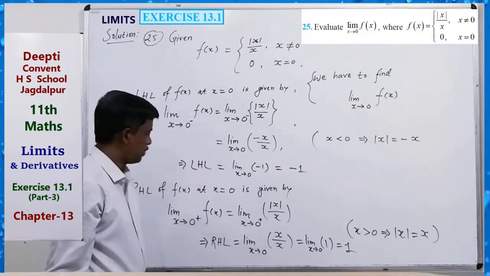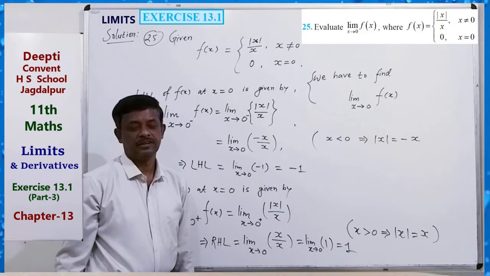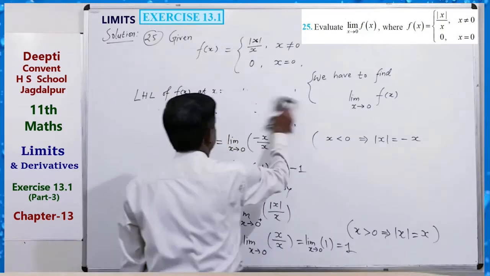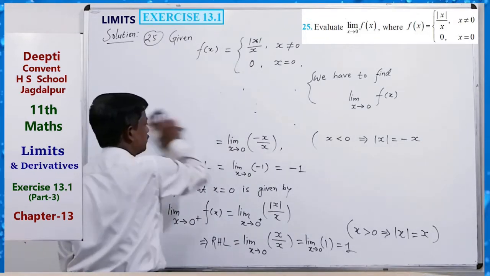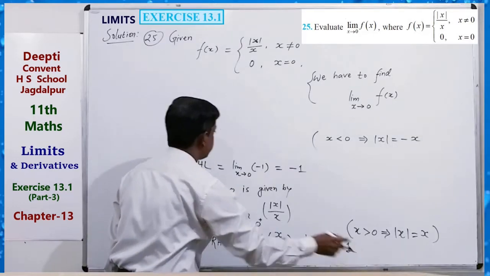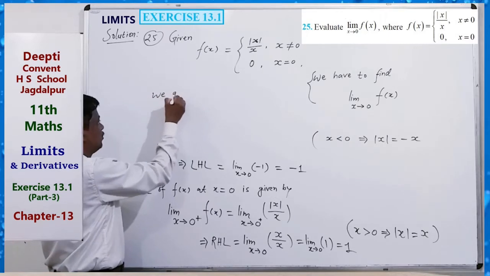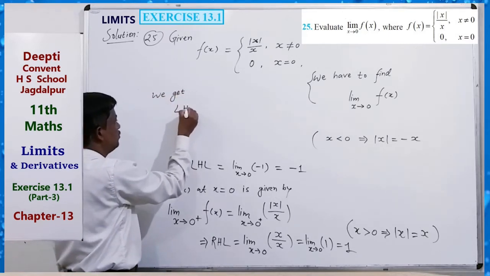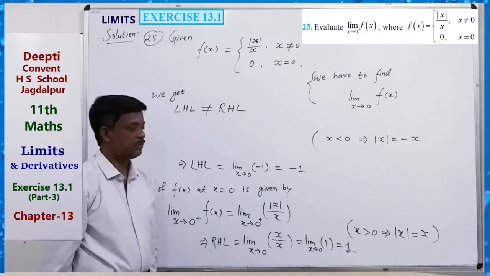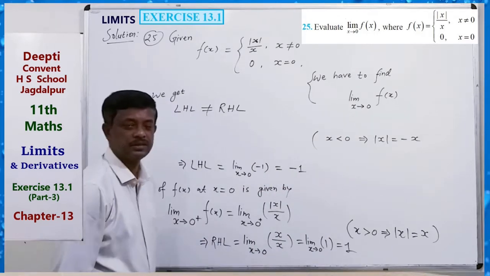We get left hand limit is not equal to right hand limit, because minus 1 is here, plus 1 is there.